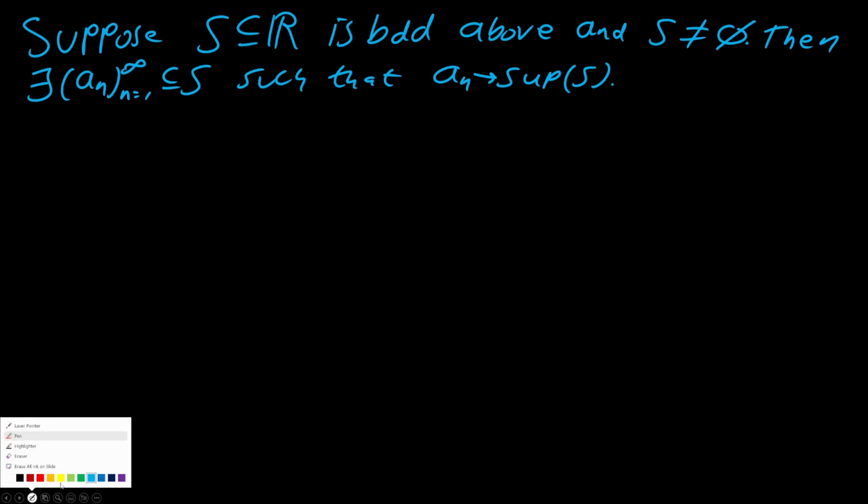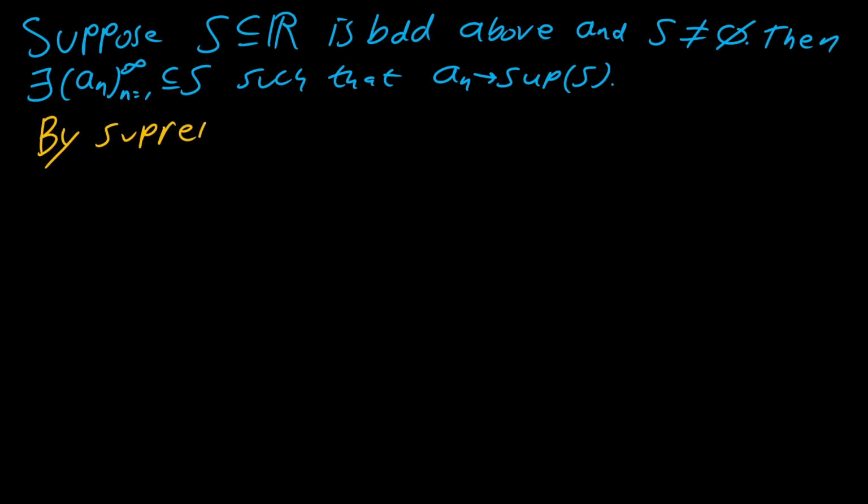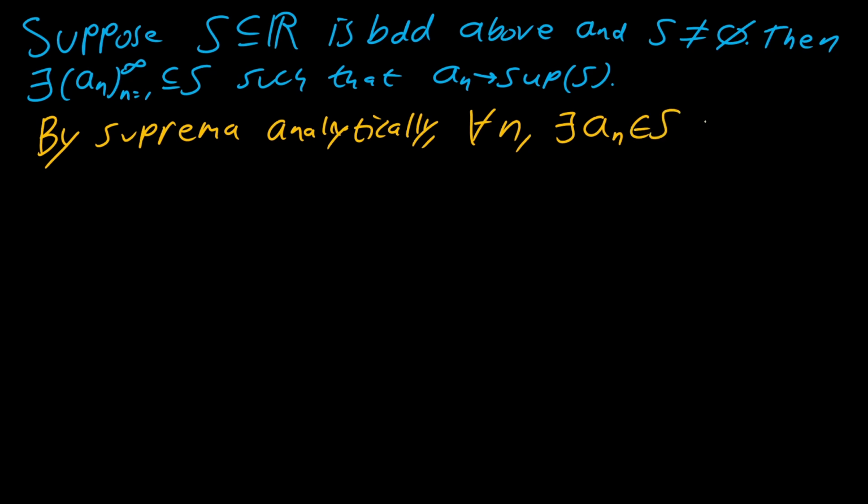Let's use orange. By suprema analytically, for any n, there is some a_n, which is in S, such that sup S minus 1 over n is less than or equal to a_n.